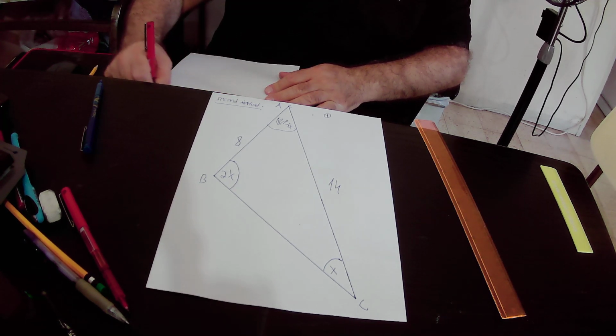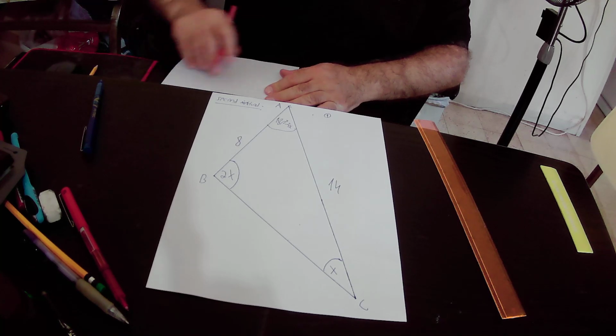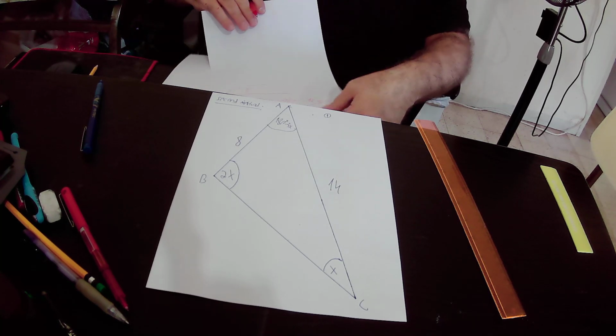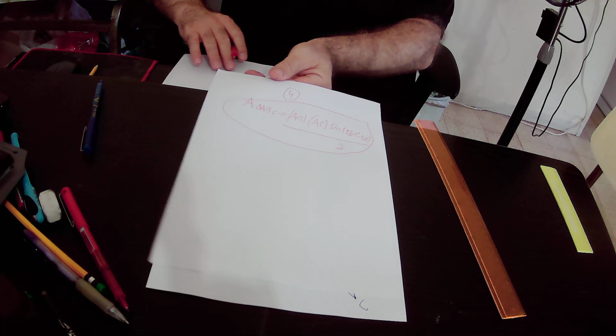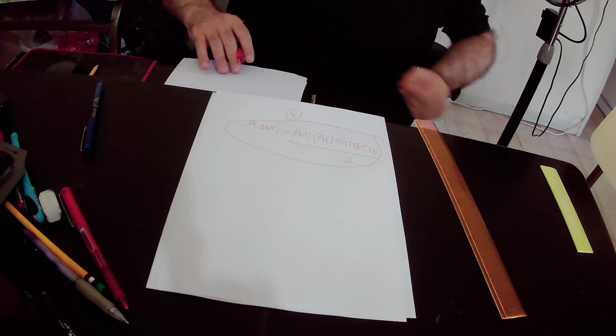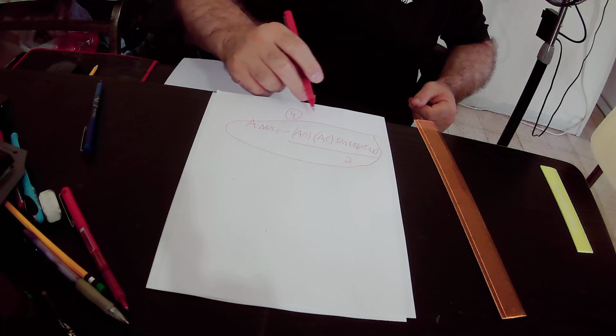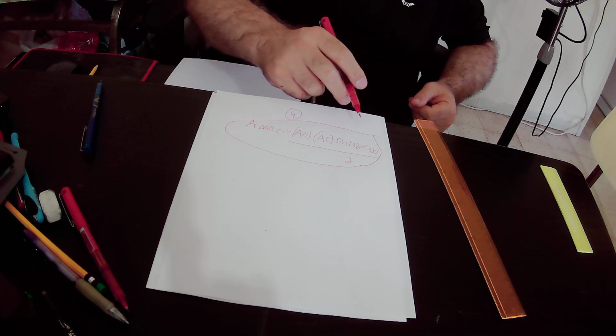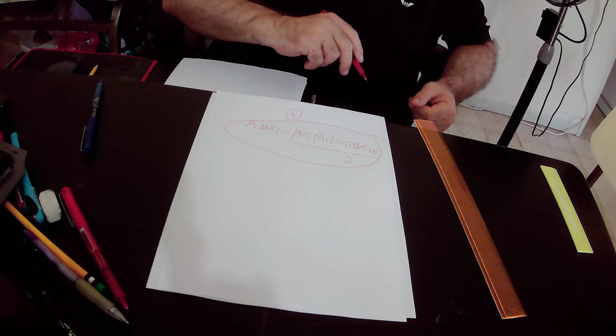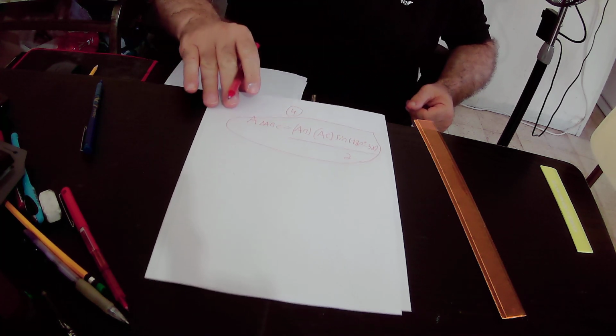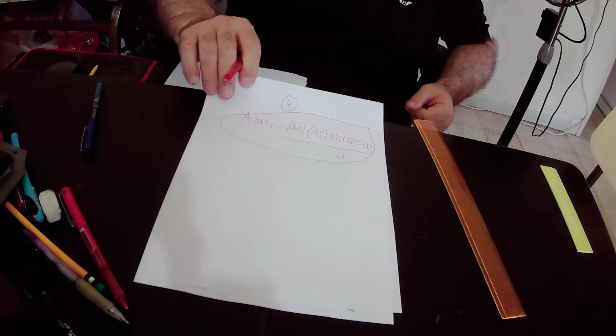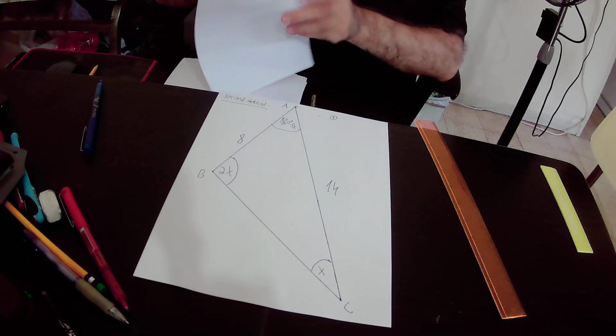Again, the area of our triangle ABC will be equal, according to rule number 4, to AB times AC times sine of 180 degrees minus 3x over 2. Okay, but what is the value of AB?